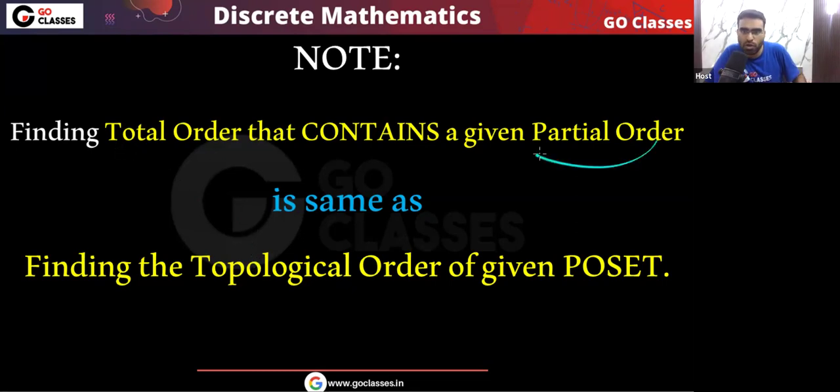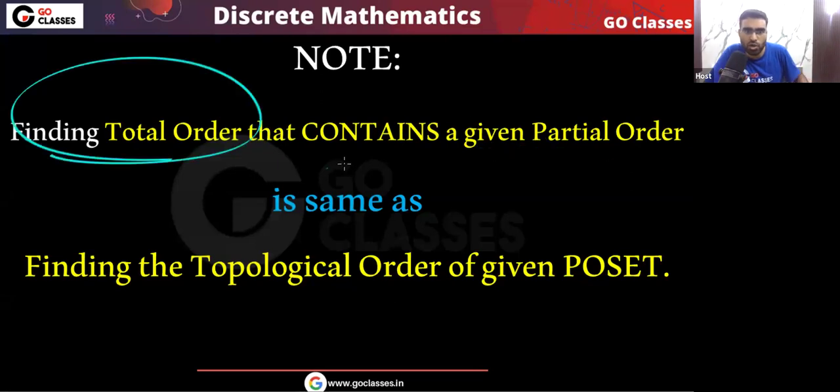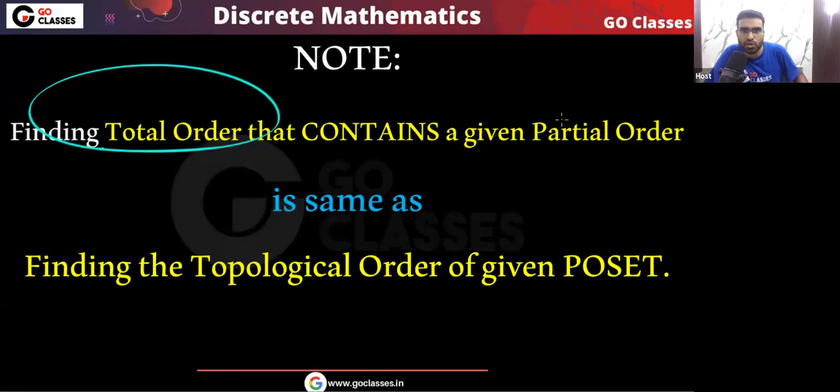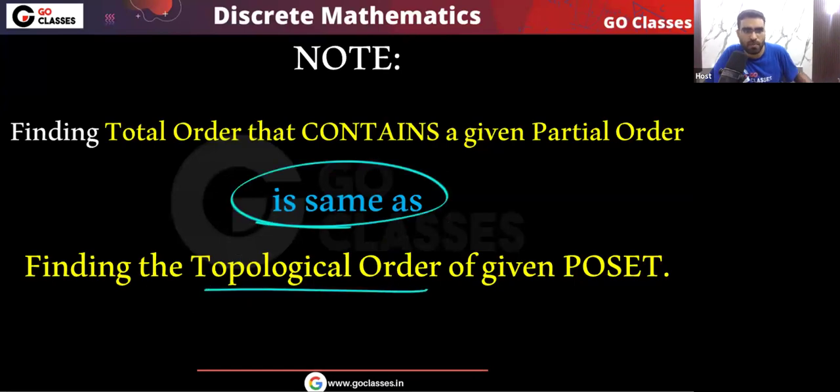Given a partial order, if I ask you to find a total order that contains this partial order, a total order which is a superset of this partial order, that is same as finding the topological order. Is this clear? Please tell me, did you understand this? Let me know.